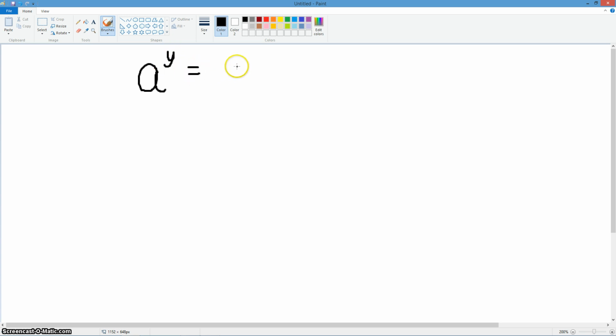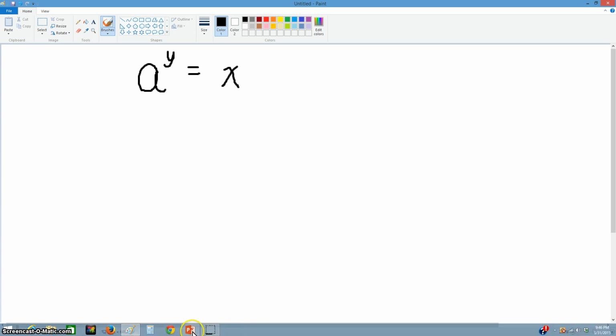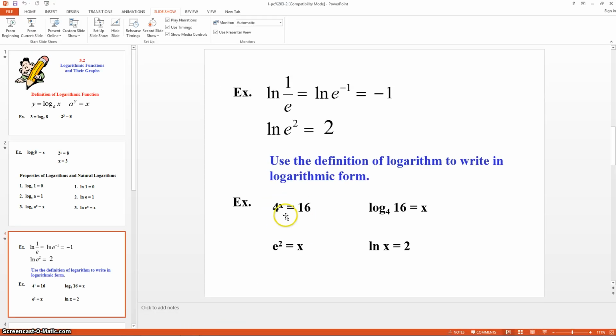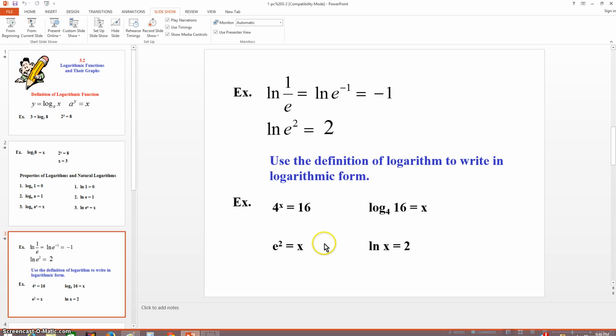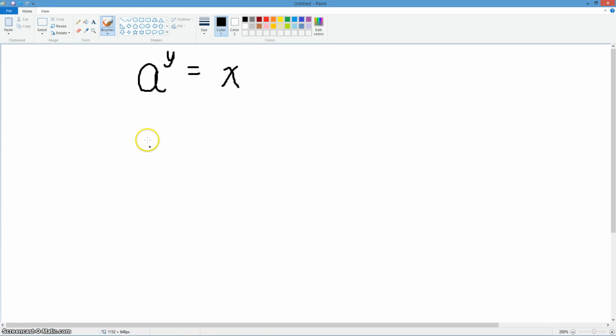And I'm using this form because that is the form my actual problem is. It's in the form 4 to the x equals 16.